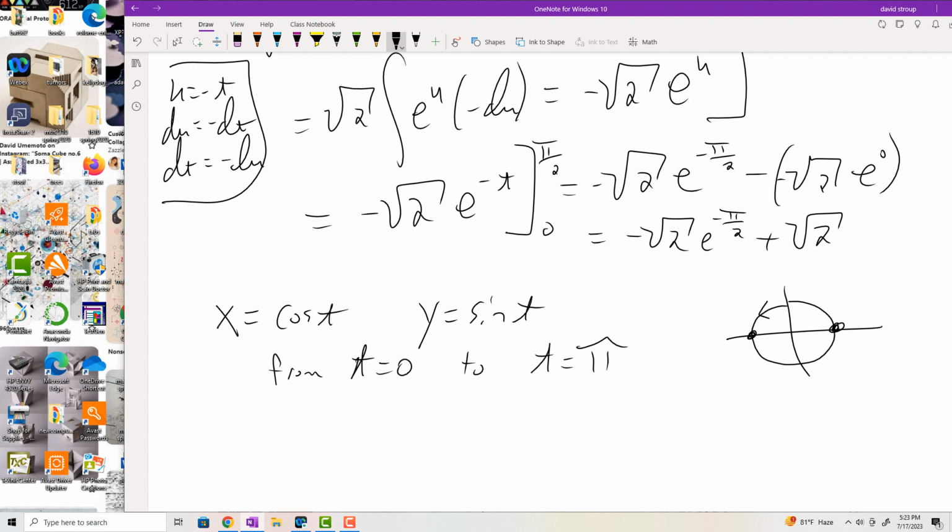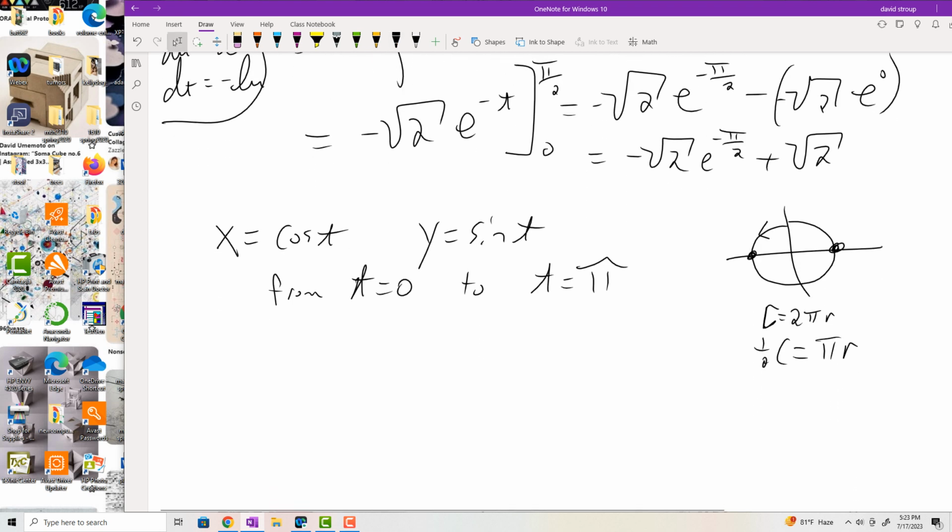I hope I don't embarrass myself, the circumference of a circle is 2 pi r. So that's the circumference. Half the circumference should be basically your answer. So your answer should be pi r. And what's the radius here? Well, your answer should be pi.